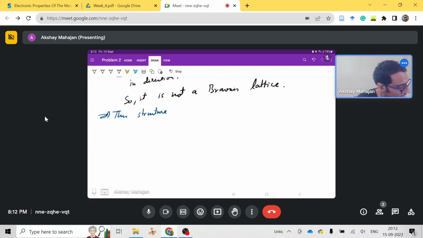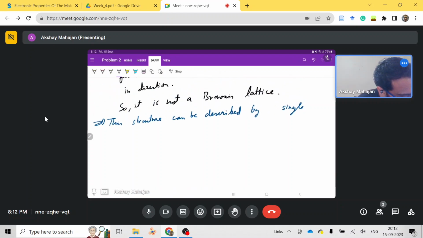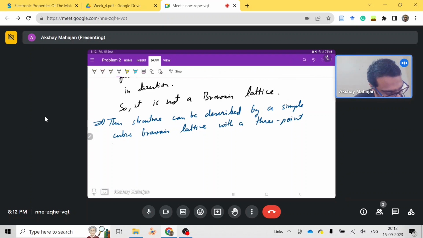Now this structure can be described by a simple cubic Bravais lattice with a 3-point basis.